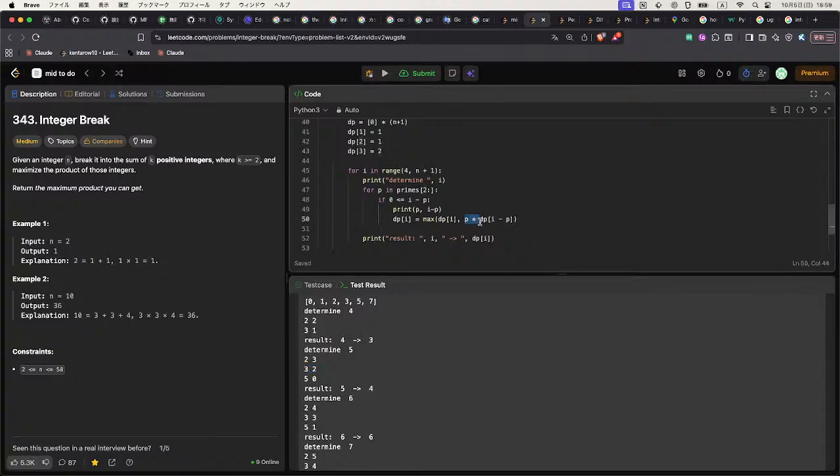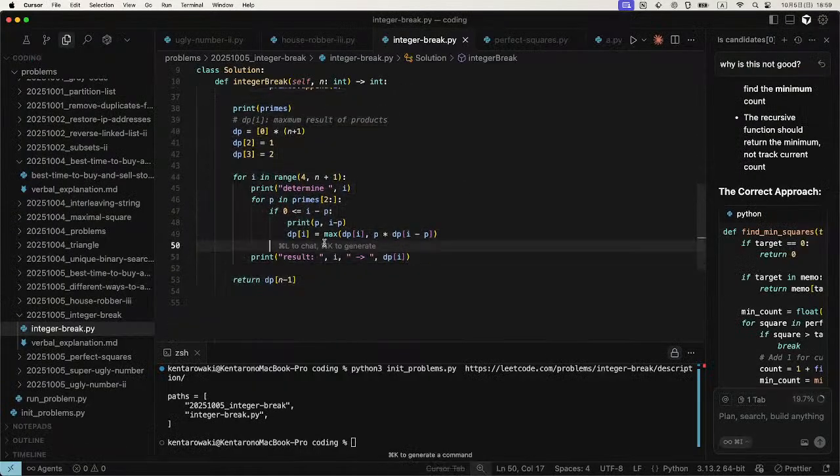Oh, I see, I see. Sometimes we shouldn't divide the number.